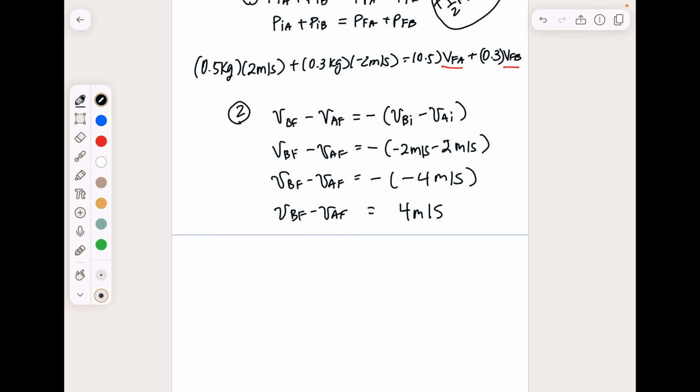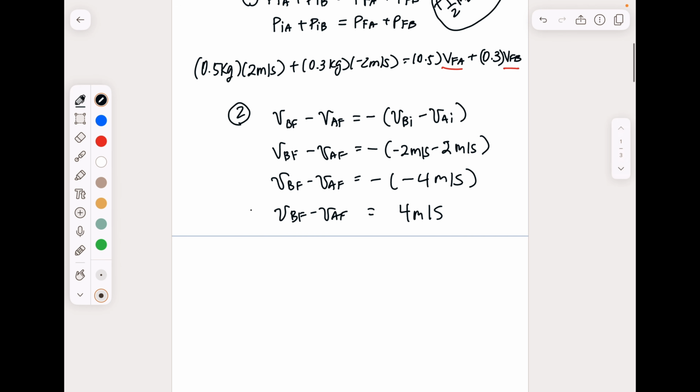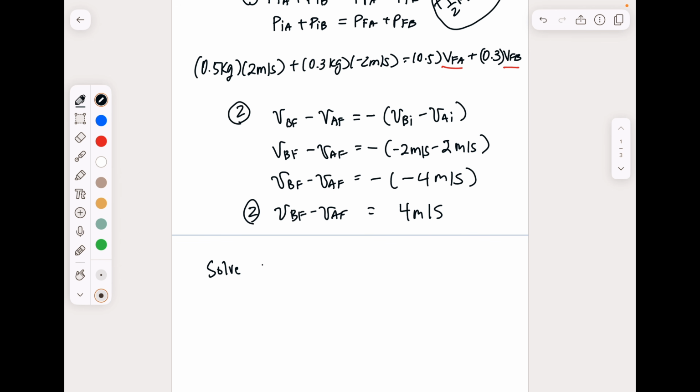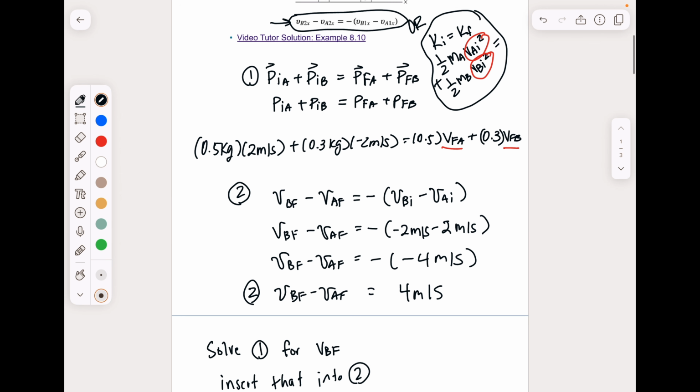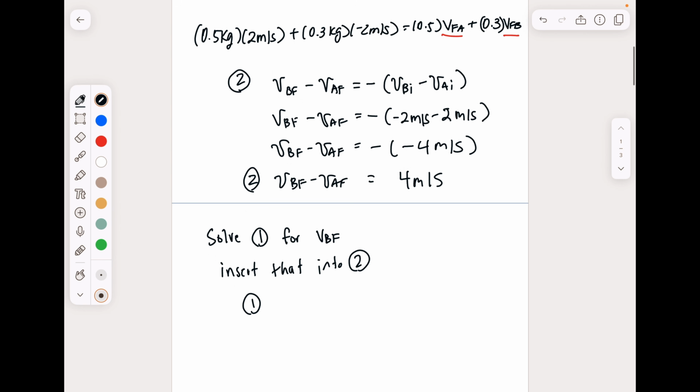So what we can do is, we have equation 1 and equation 2. We can solve for VBF in one equation and substitute it into the other. So let's solve 1 for VBF and then insert that into 2. So as it stands, equation 1, I didn't fully write it out.